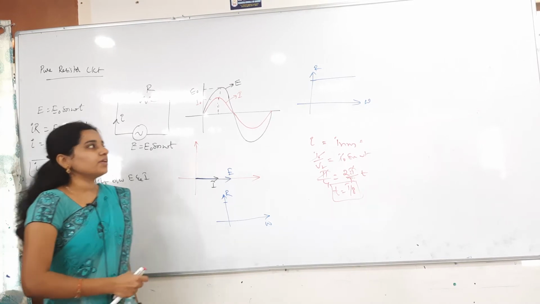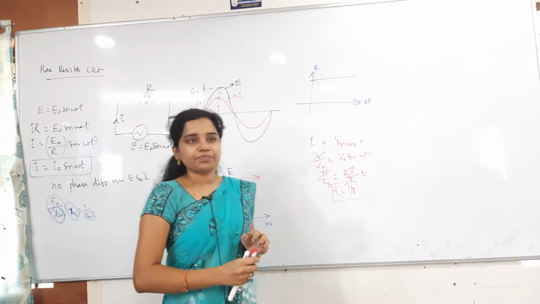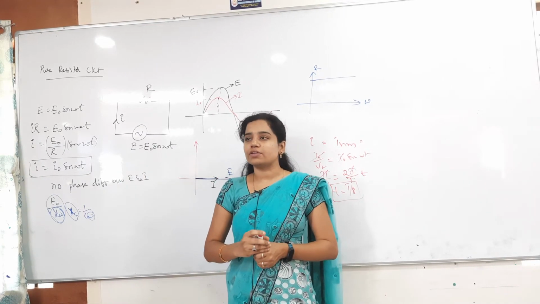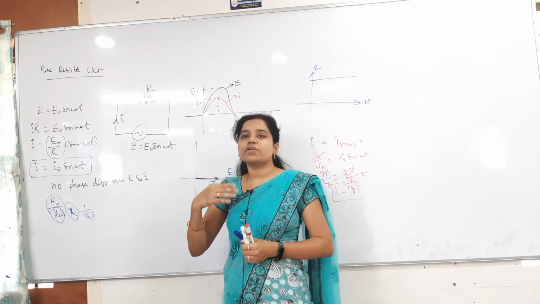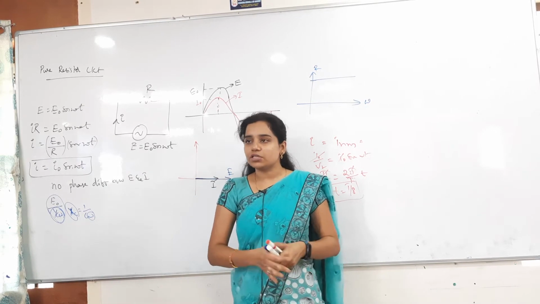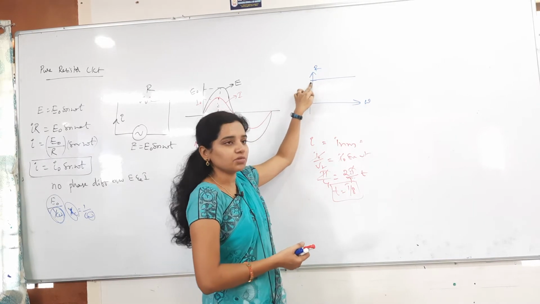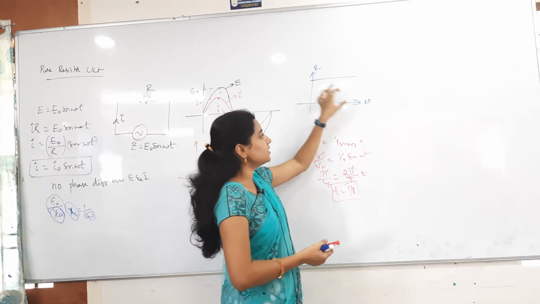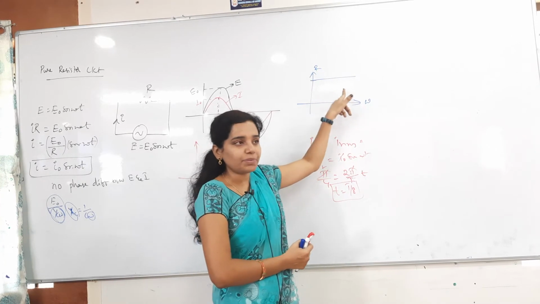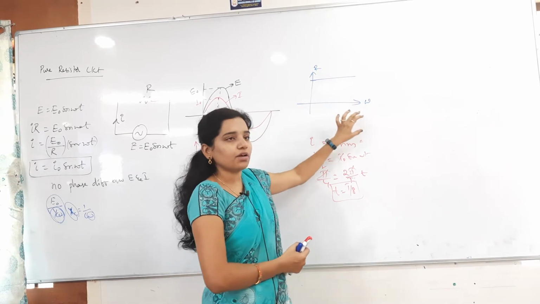Next one is, whenever you draw the R omega graph in this particular problem, the resistance is independent of angular frequency. Independent, nothing but if I change the omega or if I do not change the omega, everything is the same only, so R is the same, it is not changing anymore. If it is changing with respect to the omega, it has to either increase or decrease. But it is not happening like that because R is independent of omega here.